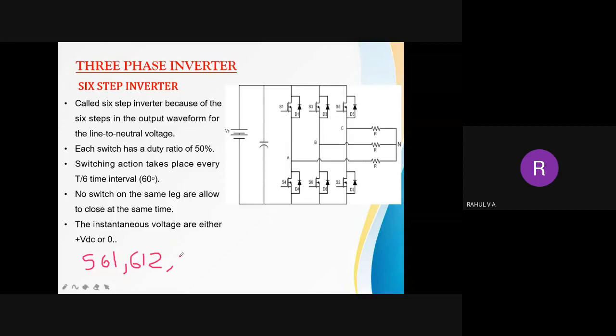Then after 60 degrees, again I will switch off S6 and switch on S3. I will go in a similar fashion. The next combination is 2, 3, 4. Here I will switch off S1 and switch on S4. Again, the next combination is 3, 4, 5.